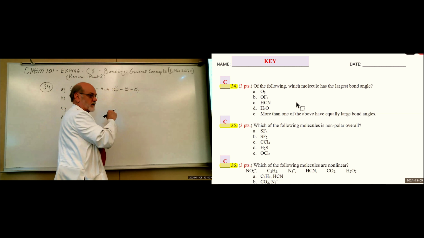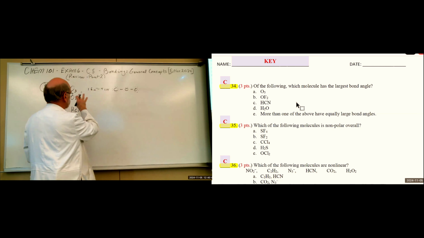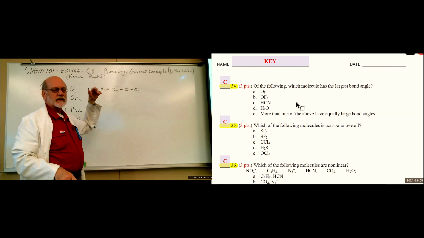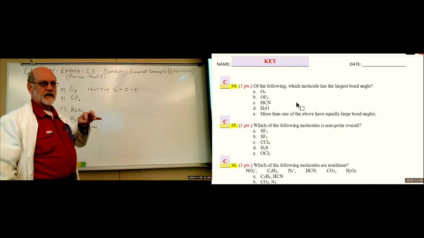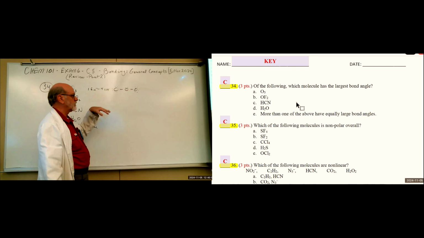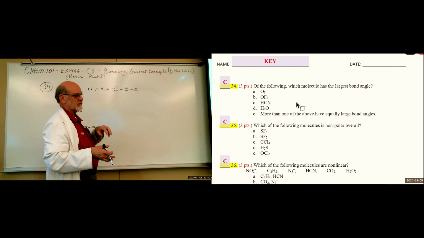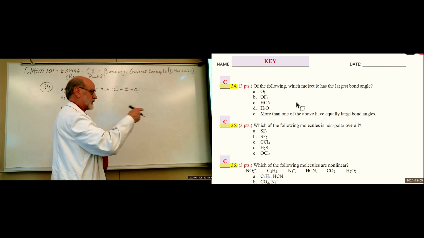Now, ozone is one of those that we have to resonate. But for determining bond angles and geometries, you only need one Lewis dot structure. The resonant ones will be equivalent to that, just a different arrangement, but the bond angles will essentially be the same. They'll just be on different atoms.